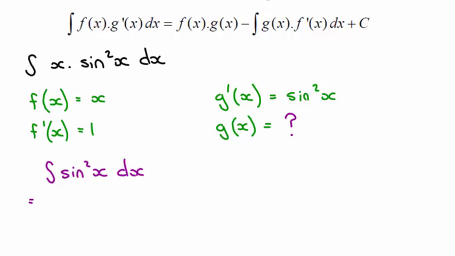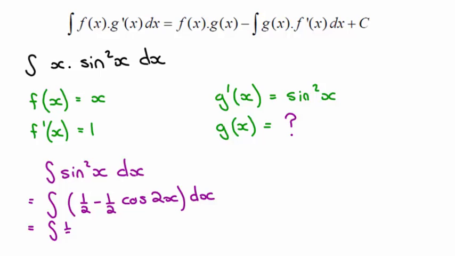You can look at one of our videos where I explain the identities, but I can replace sine squared x with a half minus a half cos 2x with respect to x, and then I split it. So I've got the integral of a half with respect to x minus, and I'm going to take that half out, the half integral of cos 2x with respect to x.